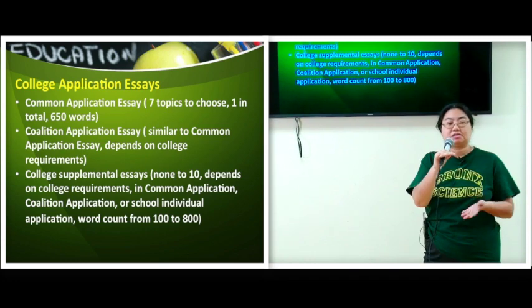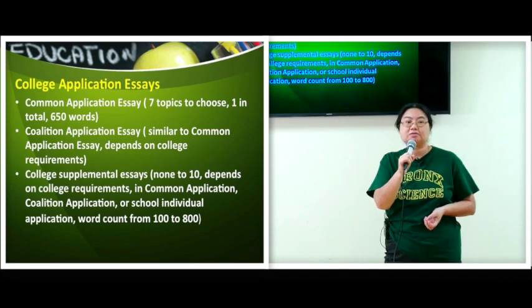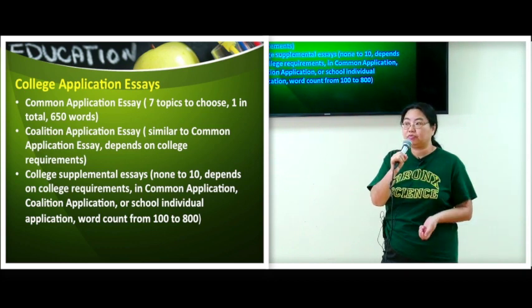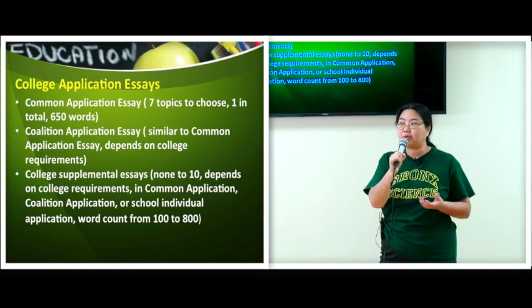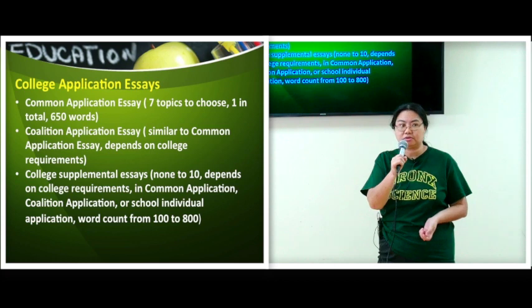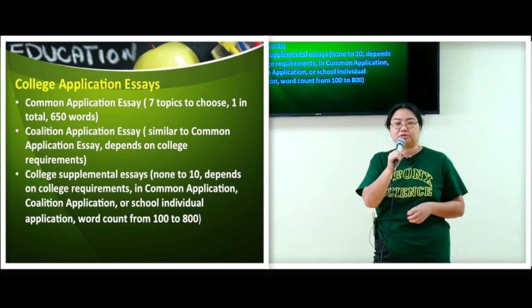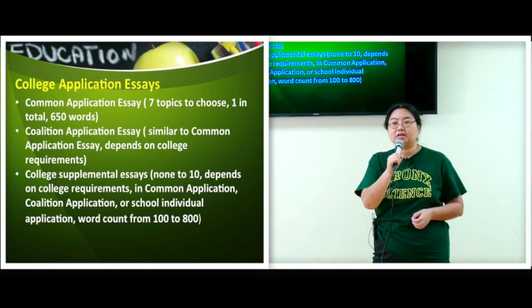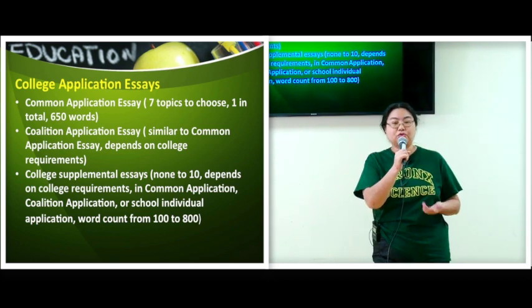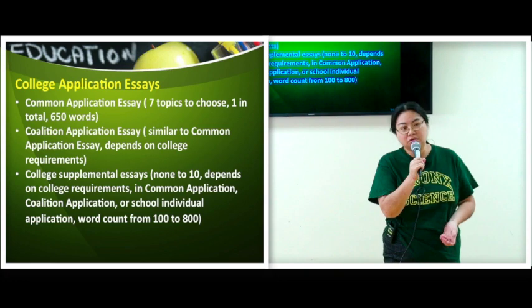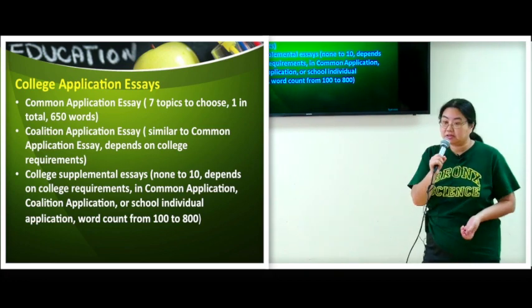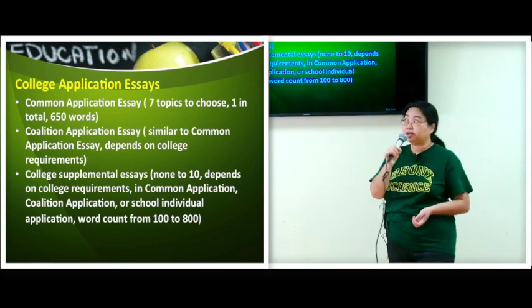The other part is a college-specific part. They usually give you a few more requirements to fill out, asking for your major information, your family background, and your resume, and then ask you to write a couple more specific essays for that school. We call it a supplemental essay.